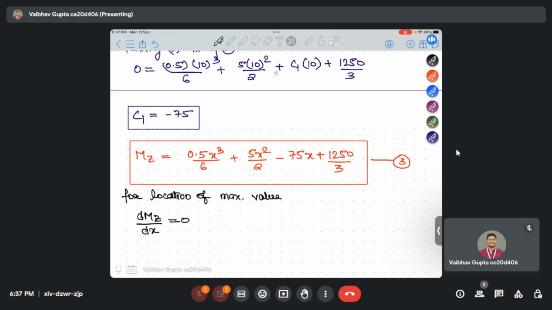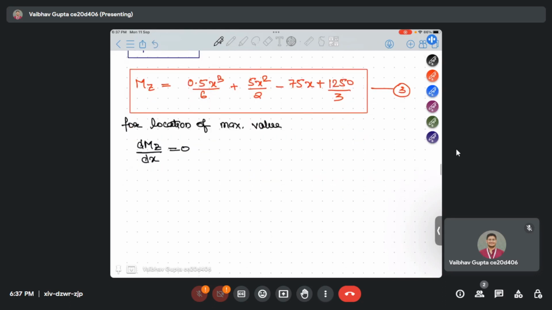This is the standard thing, but this question has something else. I'll show you. When we do this dMg by dx, what you will get is 0.5x square by 3 plus 5x minus 75 equal to 0. This is a quadratic equation.